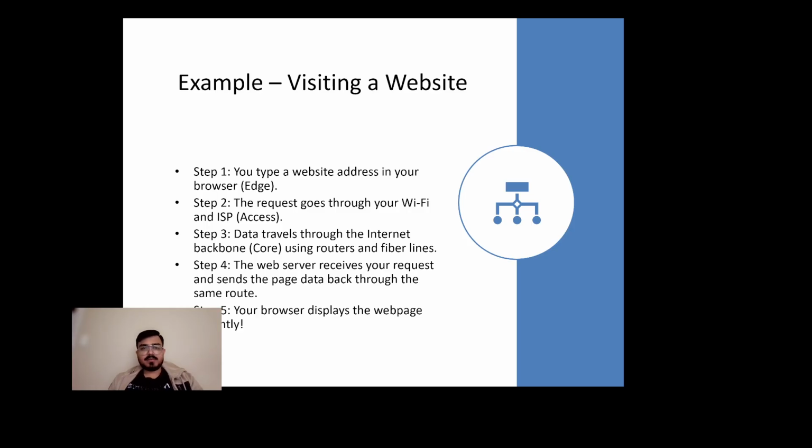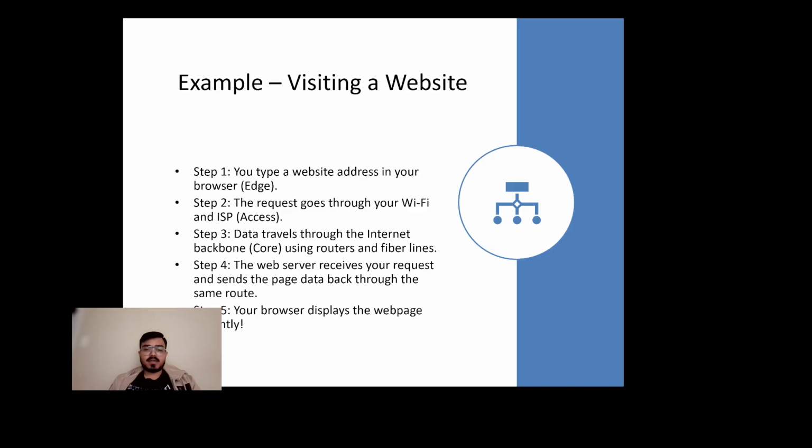Let's see the example of visiting a website. Let's follow a real example step by step. You open your browser and type www.amazon.com. Your computer sends a request through your home Wi-Fi, which is the access network.